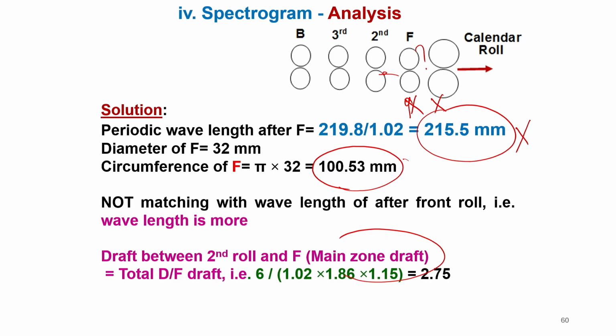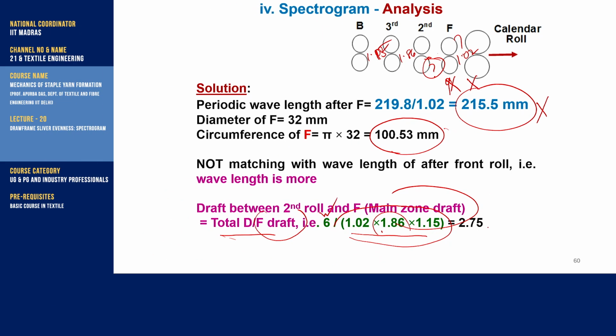The total draft of the Drawframe is 6, divided by 1.02 multiplied by 1.86 multiplied by 1.15. The main zone draft is not given, so if we divide the total draft of 6 by the other drafts, we get 2.75, which is the draft between the second roller and front roller.